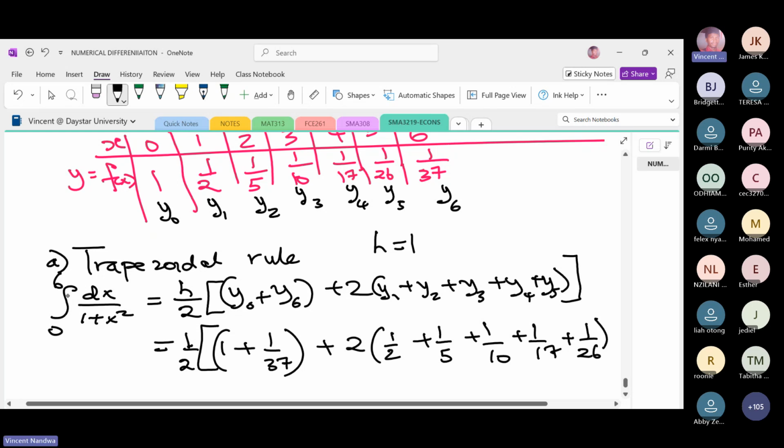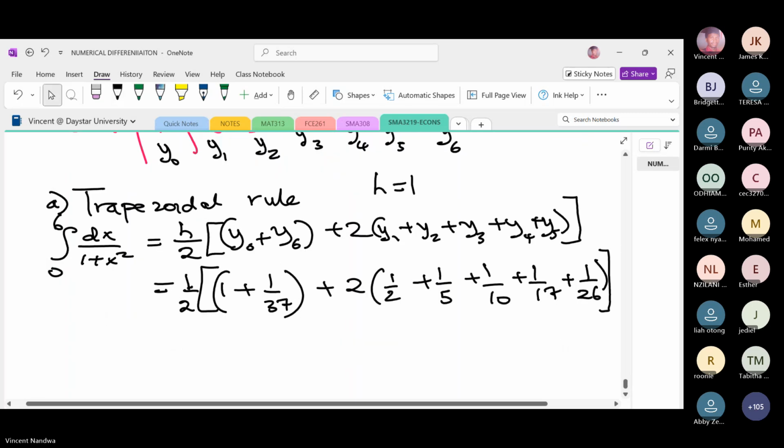Can you kindly use your calculator to get the answer to this? What will be the final answer here?